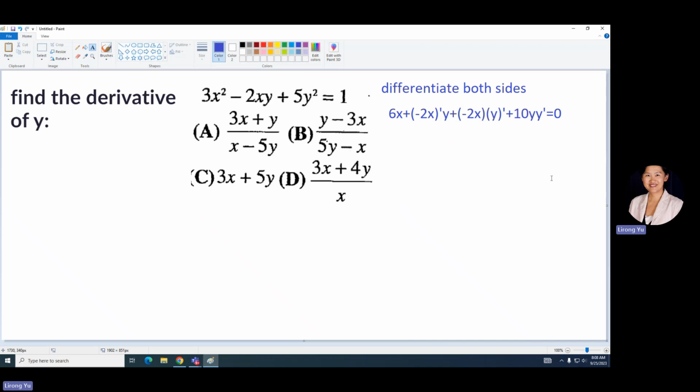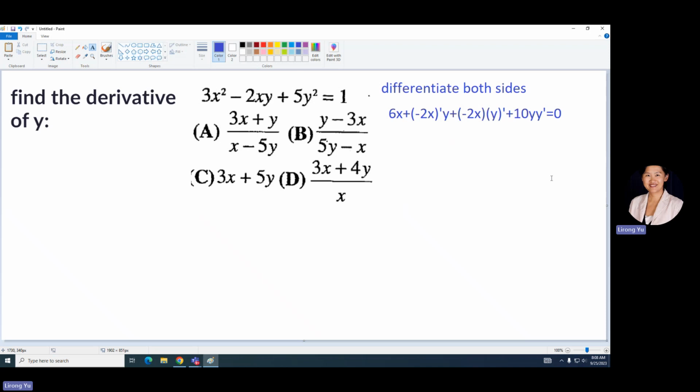And this is already done. The first one, the third one is done. You can spend a little bit of time. If you're differentiating the negative 2x, it's negative 2. If you're differentiating the y, it's just going to be y prime. So y differentiated is y prime, or the derivative of y. Right?